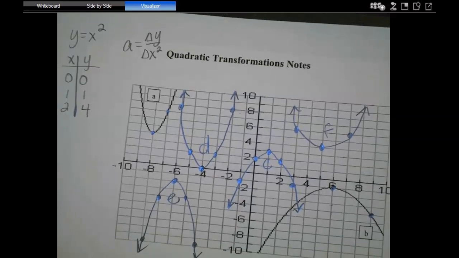Okay, y'all, I'm going to hand out the homework, and I want to point out 2 things on it for you. The first thing I want you to look at is the side that already has the graphs on it.